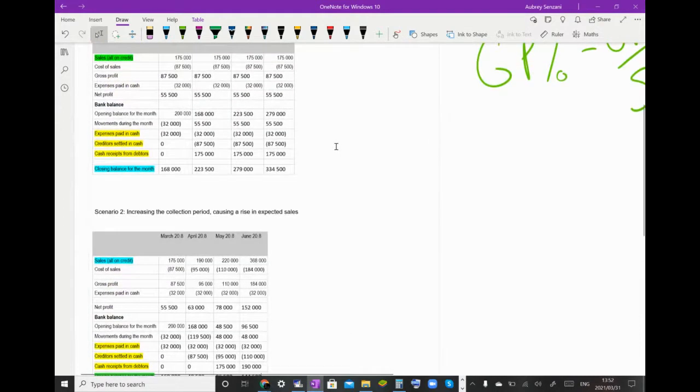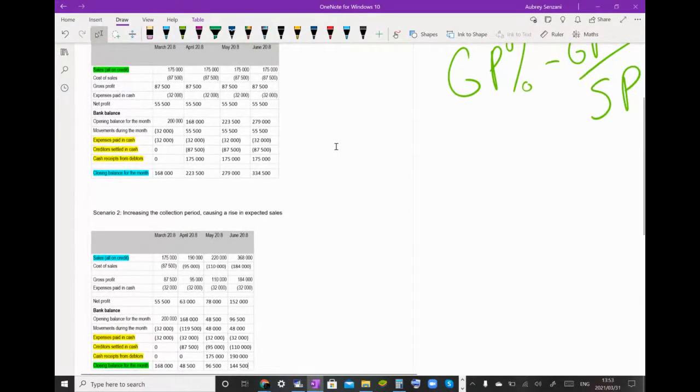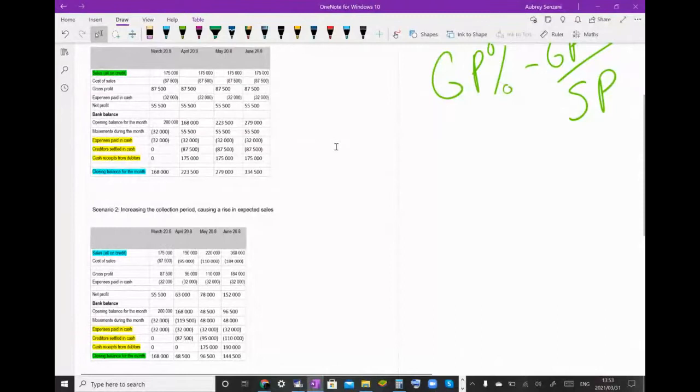Okay, then the next question that they had, the last thing. Remember we have scenario A and scenario B, or scenario 2 and scenario 1. They were asking, should we increase our debtors collection period to 60 days when we know that our creditors collection period is going to remain 30 days?